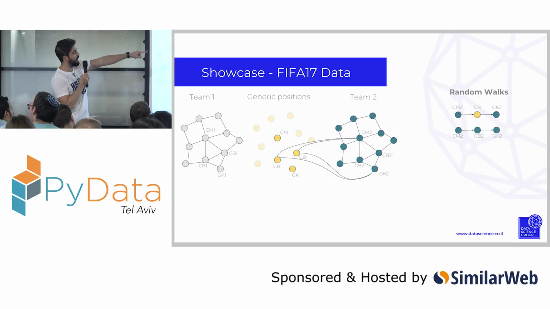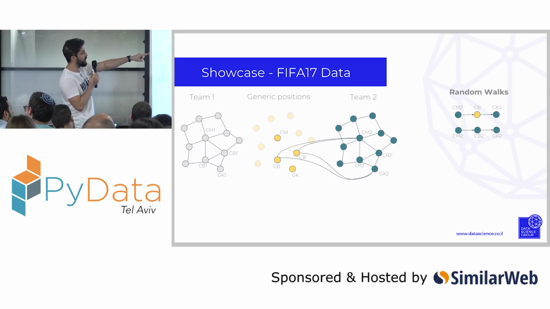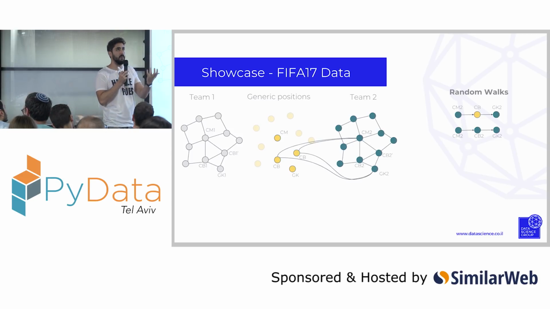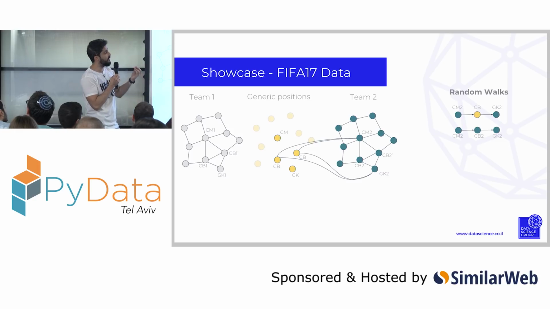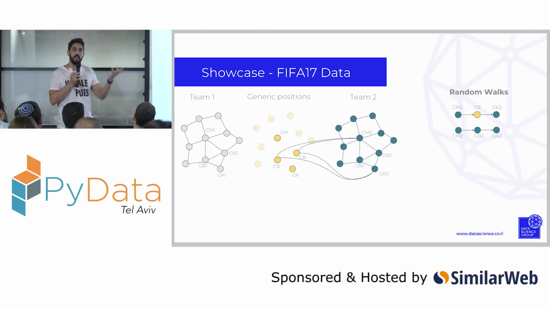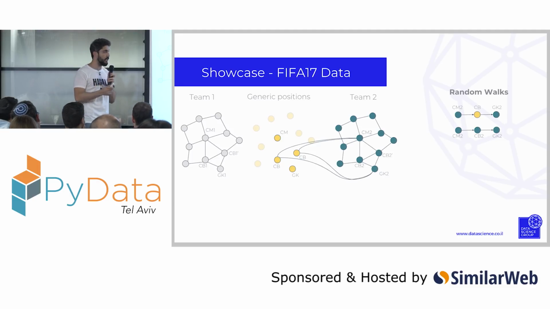When we look at these two sentences, we can see that the generic position CB, which is in yellow, gets the same context as CB2. By creating these kinds of walks, we are giving the algorithm the ability to learn that the central back generic position is similar to CB2. Why? Because they appear in similar context.